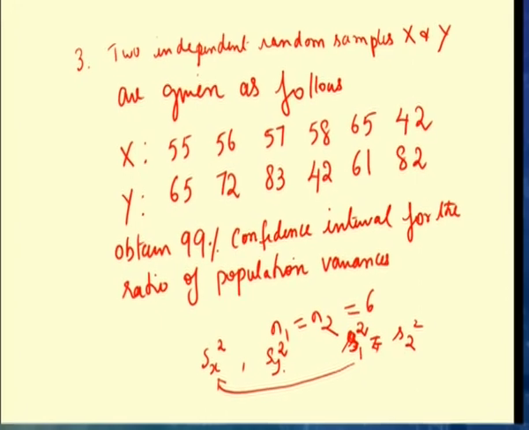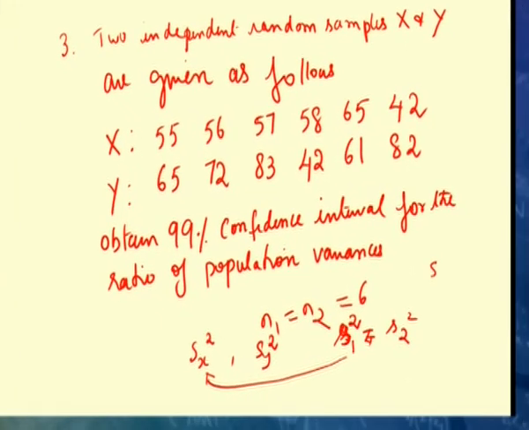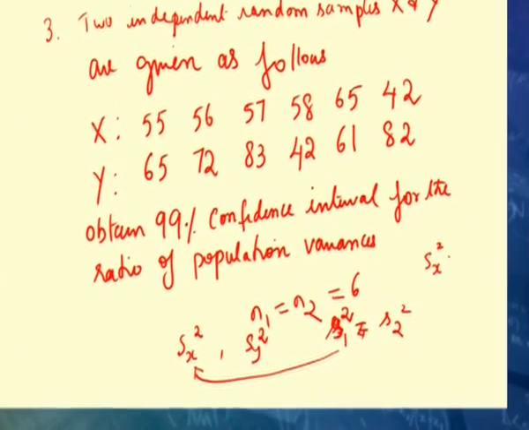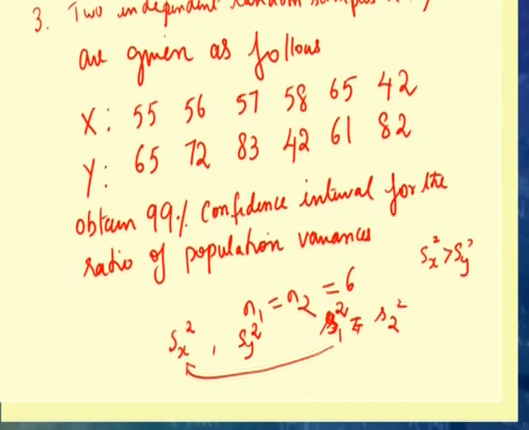So having obtained this, check the condition, namely that Sx squared is greater than Sy squared. If not, interchange. Find out 99%. So here alpha is nothing but 1%, that is 0.01. So alpha by 2 is nothing but 0.005.